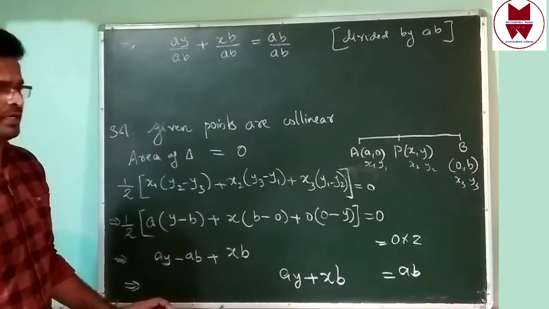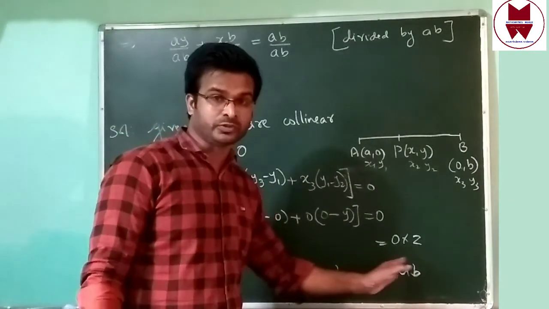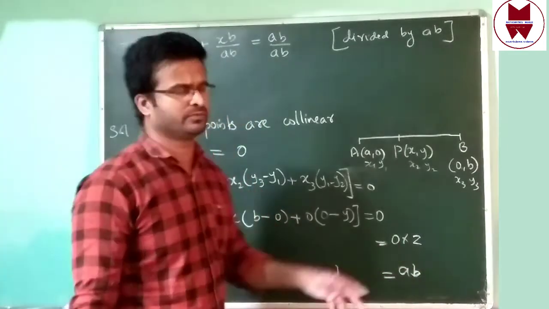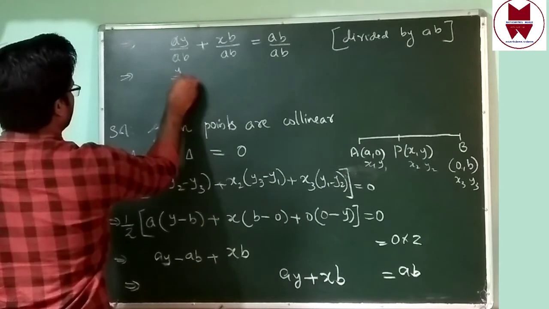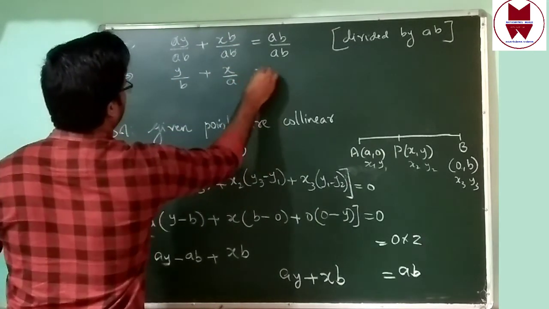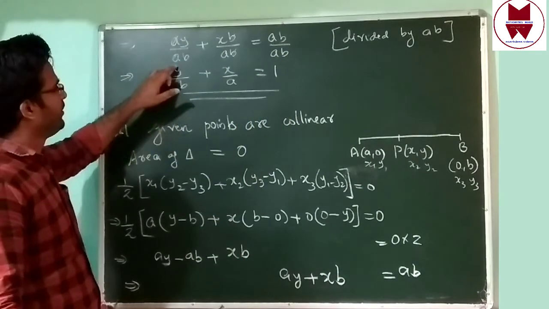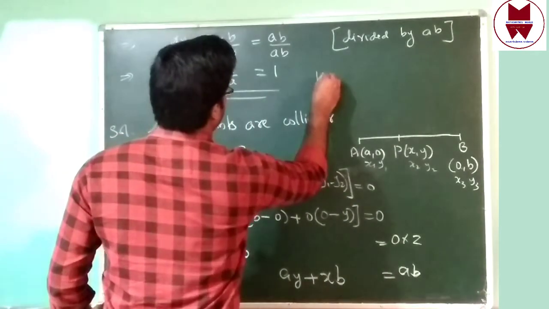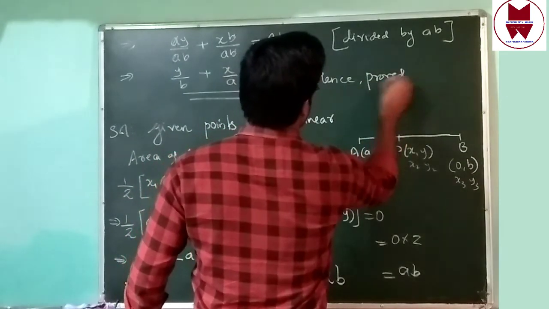Why we divide by ab: check your question, on the right side we need 1, isn't it? Here ab divided by ab, you will get 1. Then cut it, you will get y divided by b, then b cut, x divided by a, and ab divided by ab is 1. We have to prove that y divided by b plus x divided by a equal to 1. Hence proved.